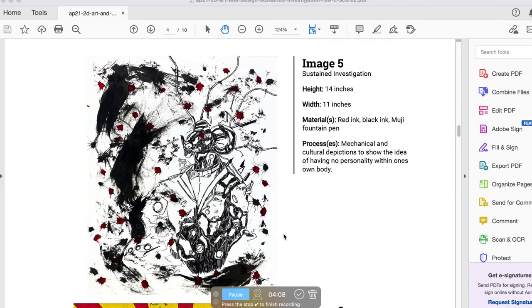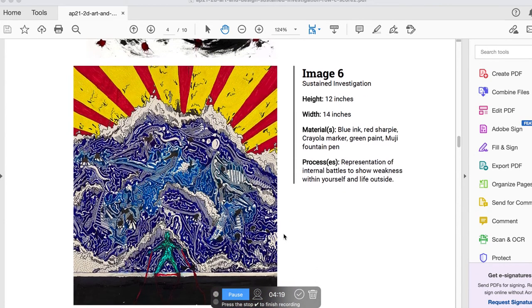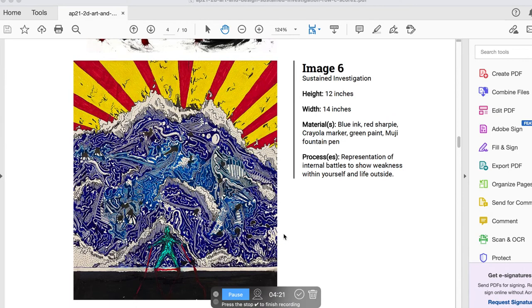Process, mechanical and cultural depictions to show the idea of having no personality within one's own body. Image 6, blue ink, red Sharpie, Crayola marker, green paint, Muji fountain pen. Process, representation of internal battles to show weakness within yourself and life outside.